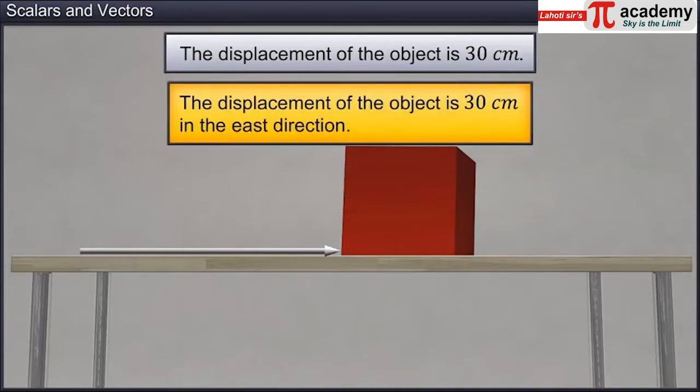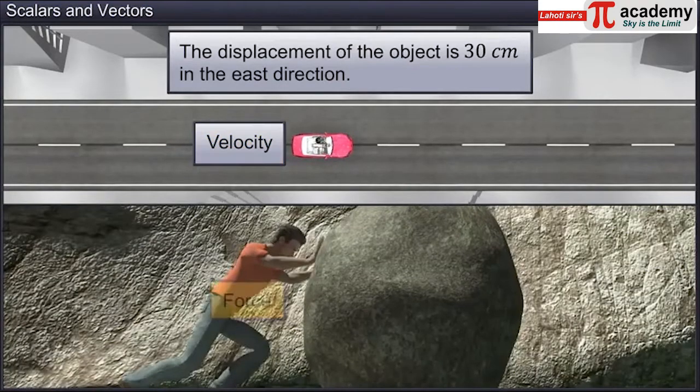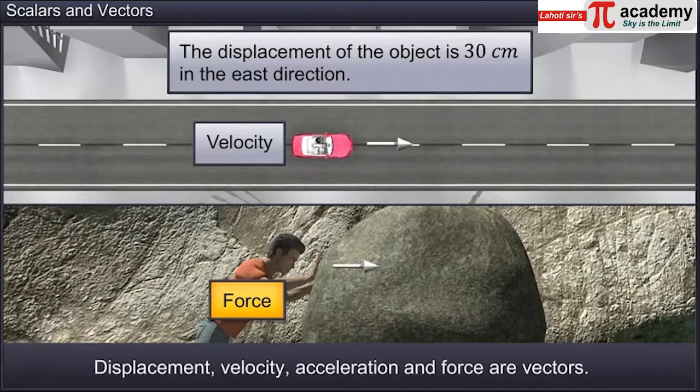The displacement of the object is 30 centimeter in the east direction is a complete statement. Similarly, for velocity and force, you have to specify the direction to complete the description. Therefore, displacement, velocity, acceleration, and force are vectors.